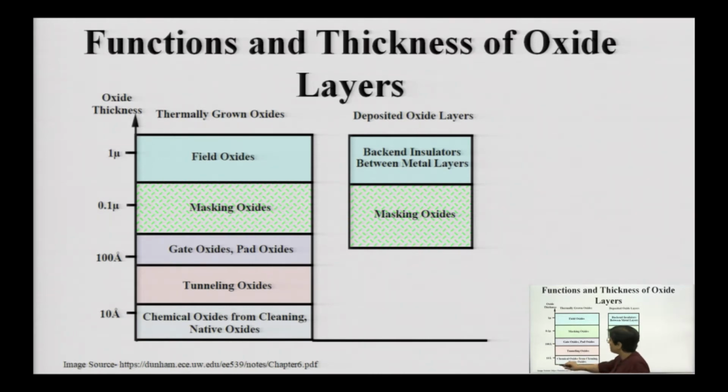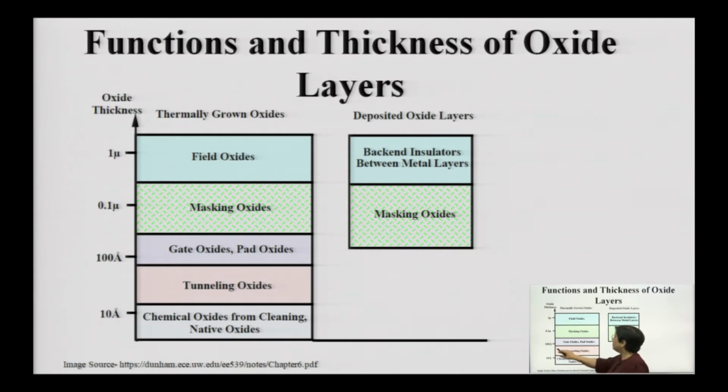Now, if you see, right from 10 angstrom to 1 micrometer, every layer thickness has its own typical applications. 10 angstrom is used for chemical oxides, which are basically native oxides grown by default when silicon is exposed to the environment.